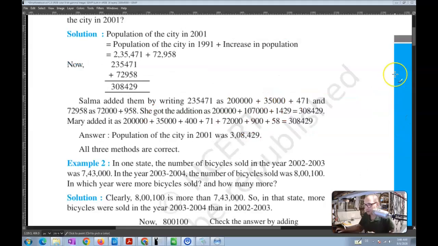Now, when you're adding numbers, you can add them this way and simply take care of the problem. Of course there is no problem with that.